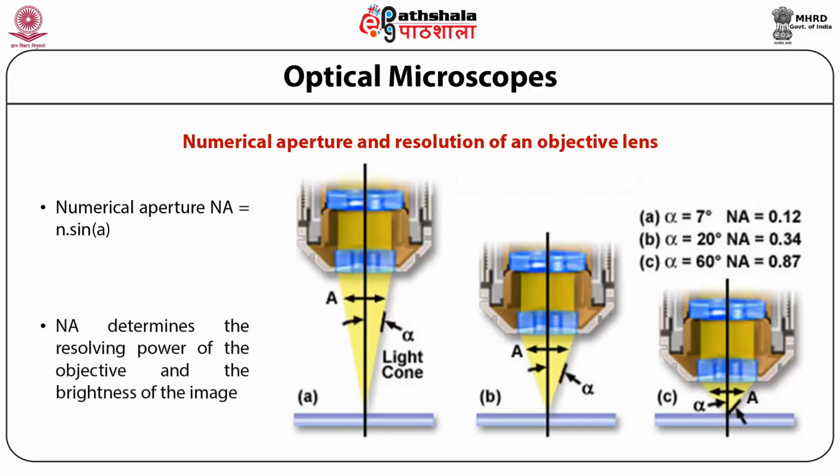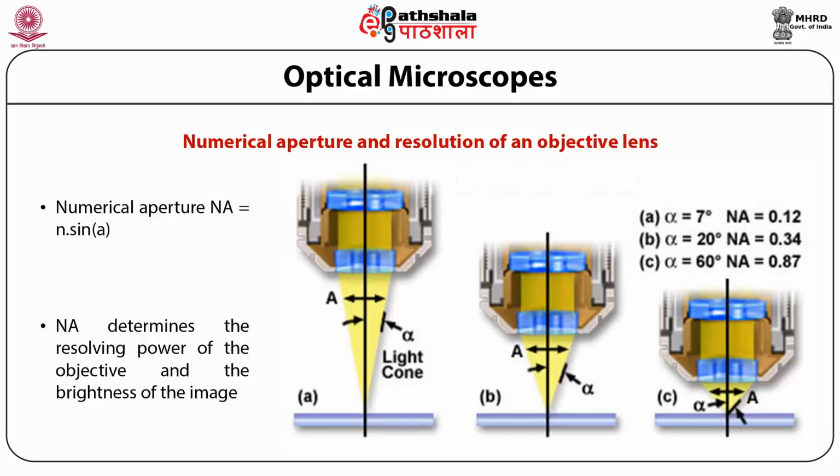And this numerical aperture determines the resolving power of the objective lens and the brightness of the image that is acquired. In these three pictures here, three examples are shown of objectives having different numerical apertures for the same immersion medium, meaning n is fixed.